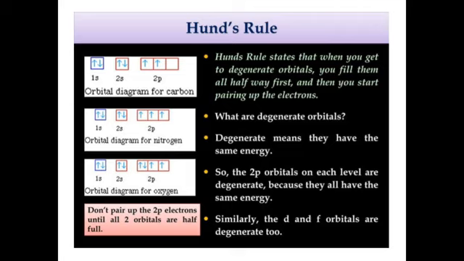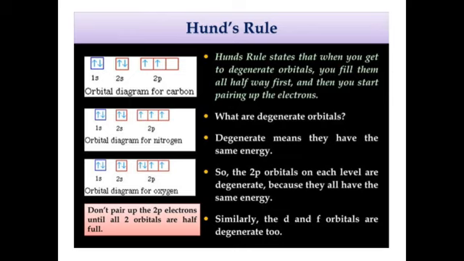For instance, look at the orbital that we are talking about here. Carbon is atomic number 6: 1s2, 2s2, 2p2. You fill the 1s2 and 2s2 first. Now the 2p that you want to fill, you cannot take both electrons and put them in one box.